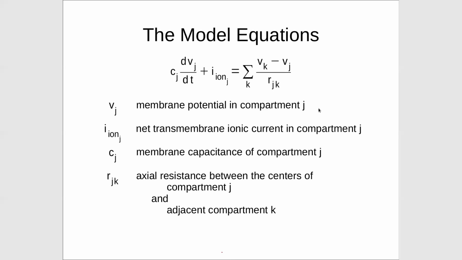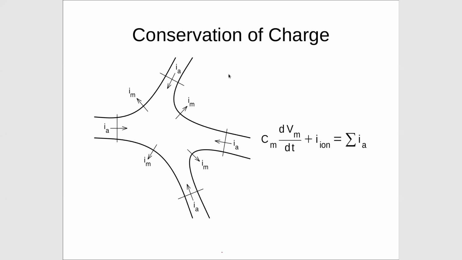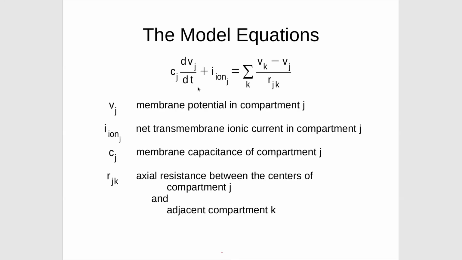Now what happens if you've got a cell with significant electrical extent? So there isn't just this, there's a whole bunch of regions like this. Well, to mathematicians, this would be a perfectly fine way to represent it. You just have a bunch of different compartments that have uniform current within each compartment, okay? Each compartment has its own membrane potential, its own membrane capacitance, its own transmembrane currents, and each compartment's got its own neighbors.